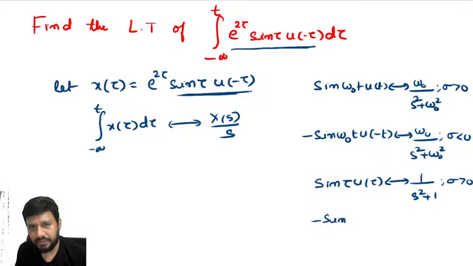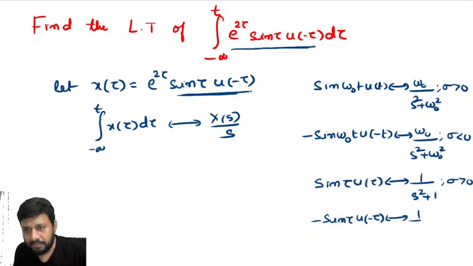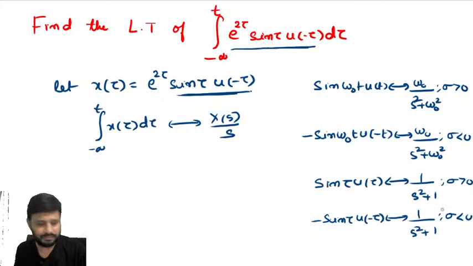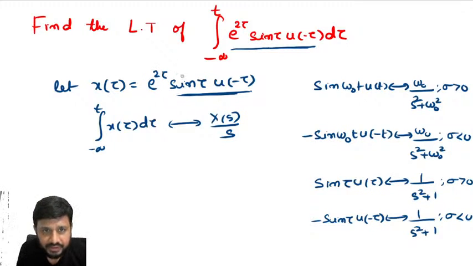And minus sin tau u of minus tau is 1 by s square plus 1, but with ROC sigma less than 0.